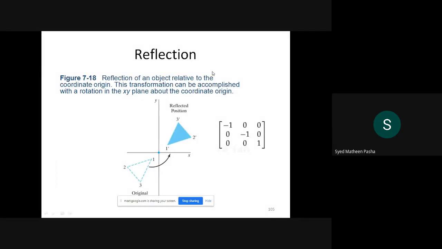In the first part, I performed reflection with respect to the x-axis; in the second part, with respect to the y-axis. Then if I take the position of the origin, you need to reflect the object with respect to the origin. If I take this as an original object, this is the reflected position of that particular object.